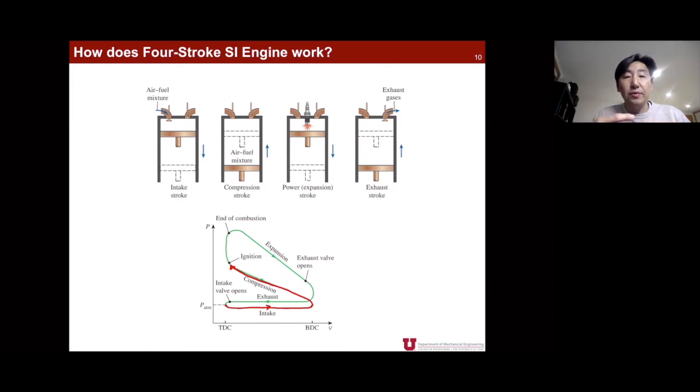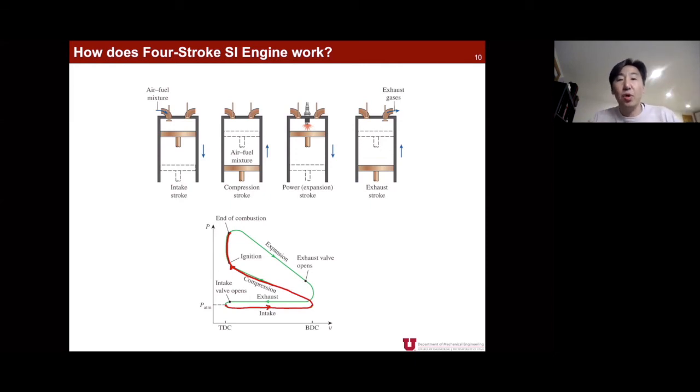With the help of the spark plug, the combustion process happens so quickly, almost at the same volume. Then it has really high pressure and also very high temperature.